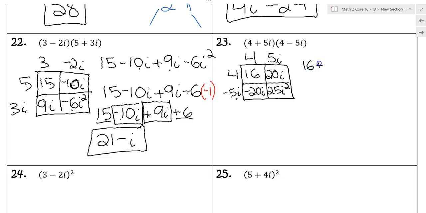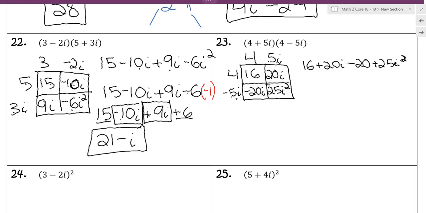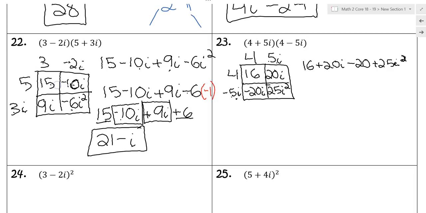I'm going to write all four of my numbers out. I have 16 plus 20i minus 20i, and the last term should be negative, sorry guys. Negative 5 times 5 is negative 25, and i times i is i squared, which makes this minus 25i squared.